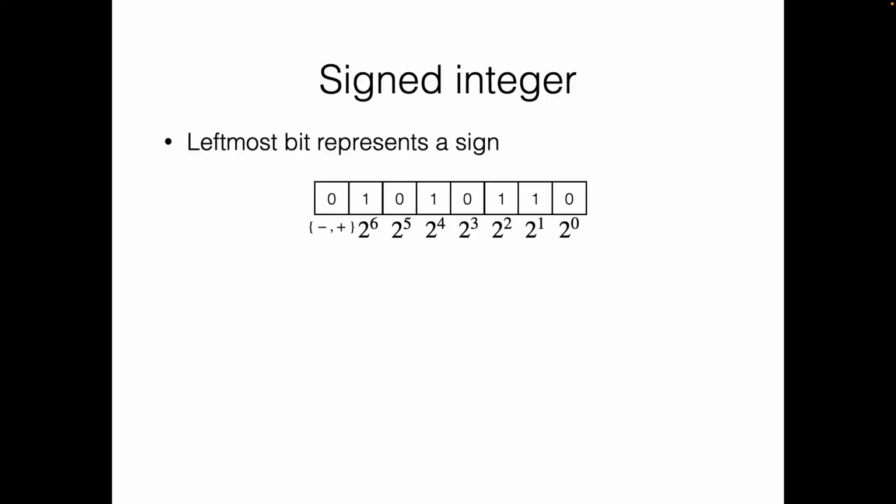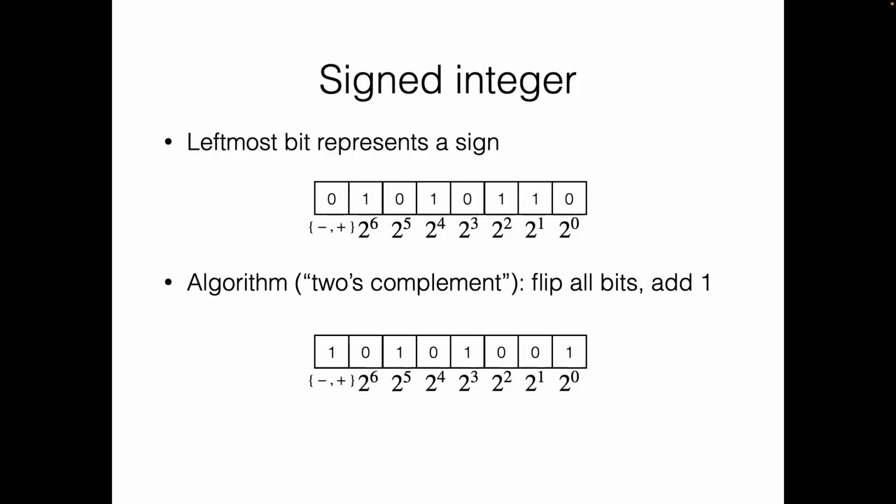Then if you also want to have negatives, then you have to have the notion of a signed integer. So here we'll use the leftmost bit to represent the sign. And so now we just have these 7 bits for representing the value. And then the common algorithm or representation that's used is called 2's complement.